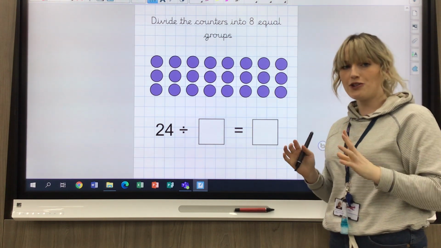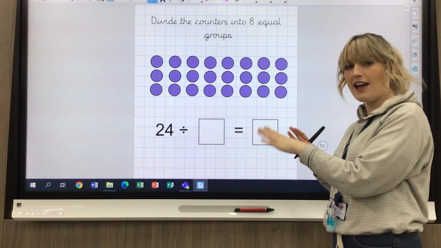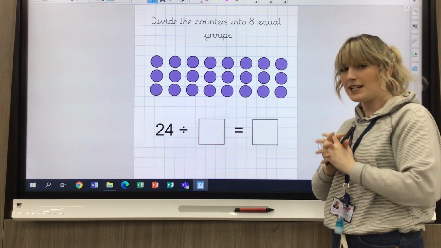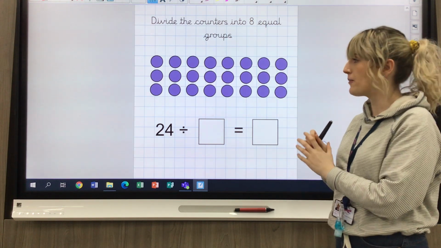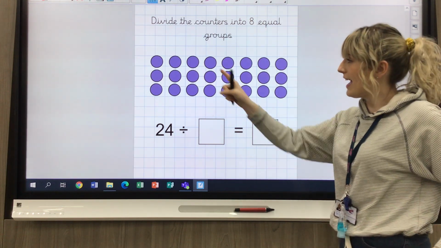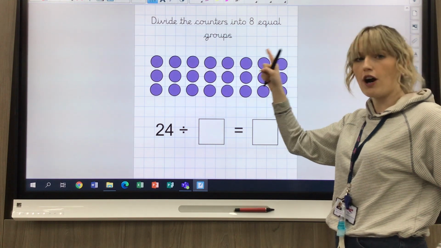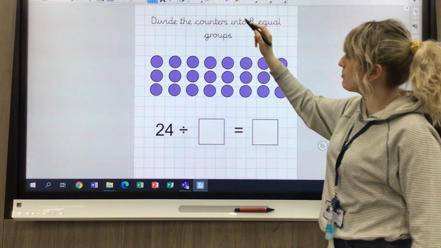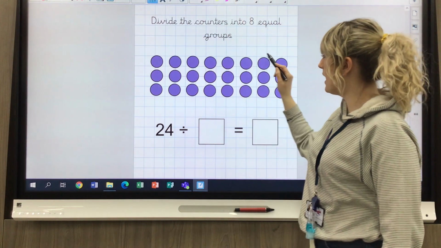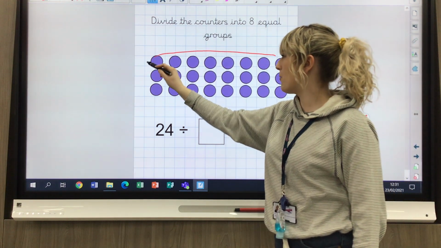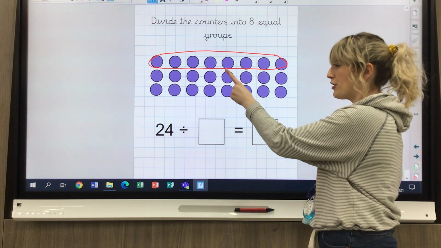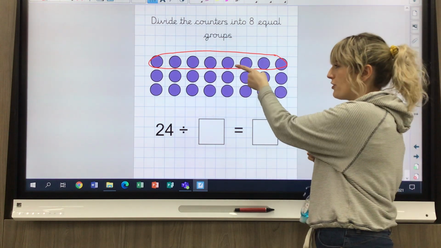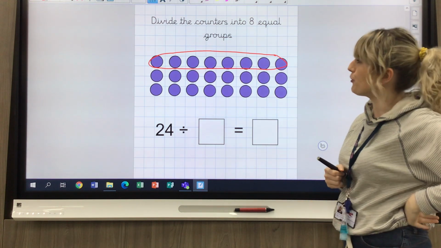Okay, but usually when there's a picture there to help you, there's an easy way of making the 8 groups. So there's a way of doing it. So let's look if I do some rows across. So if I did some groups and I went, okay, I'll make that one group, and then I'd have another group, oh, that would only give me 1, 2, 3 groups.